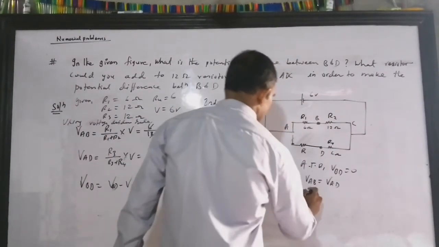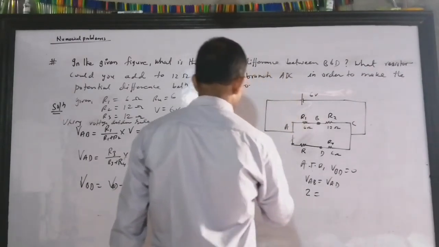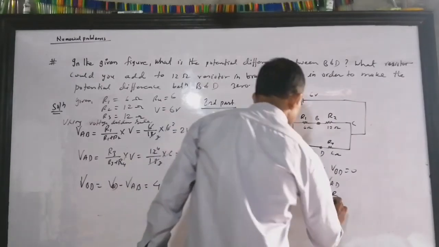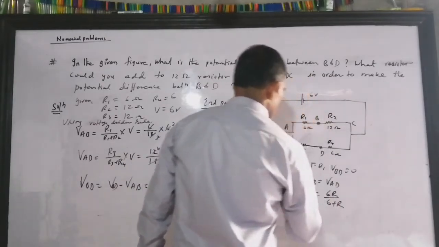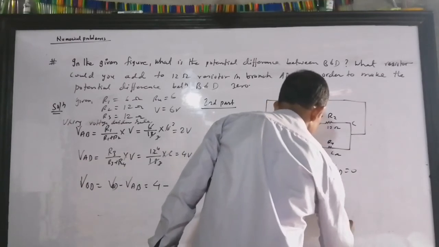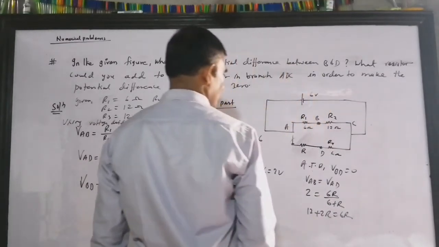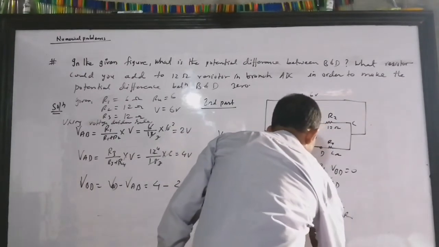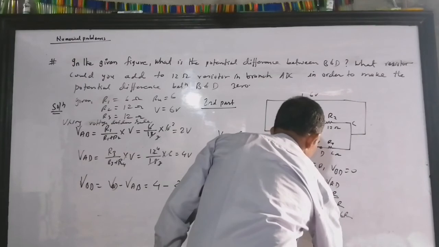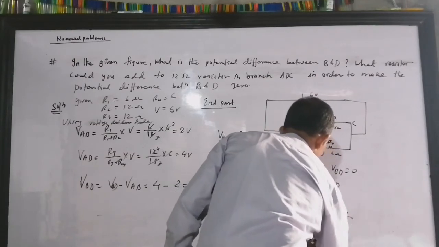So VAB, just now you told me, is 2 volt, and VAD is 6R upon 6 plus R. So just solve it: 6 times 2 is 12 plus 2R equals 6R. So we got 4R equals 12, and so R will be equal to 3 ohm.